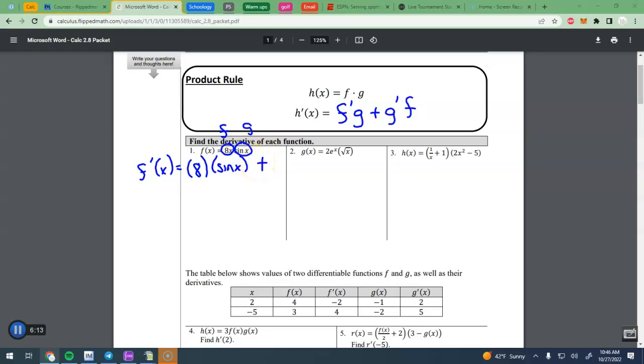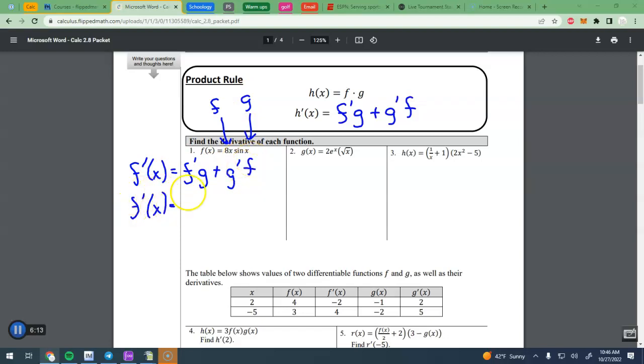This is like, here, I should probably show that. That's F. That's G. I want the derivative to be F prime G plus G prime F. So F prime is 8. G is sine of x.